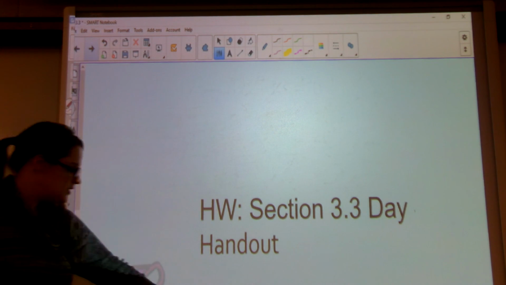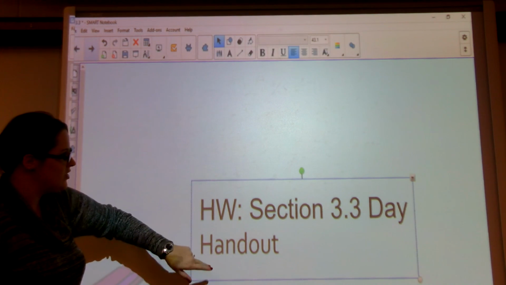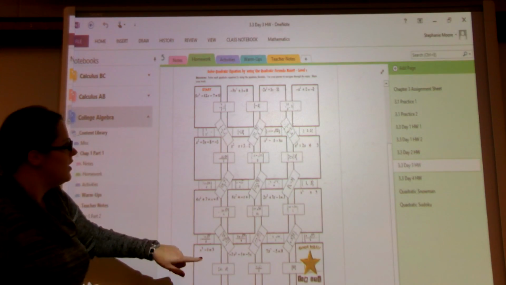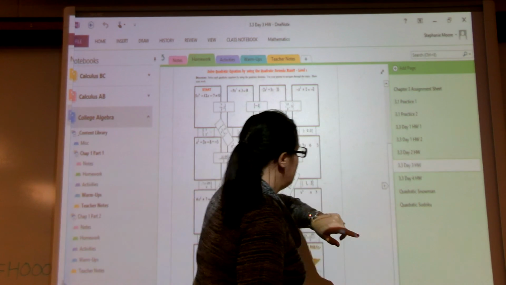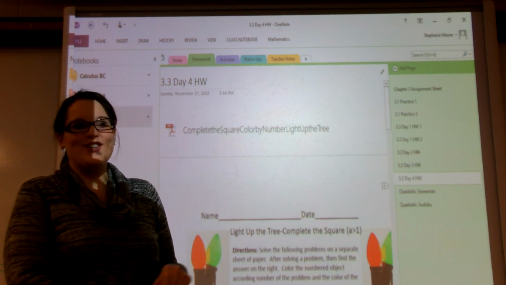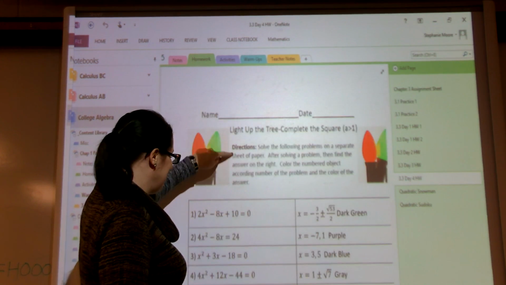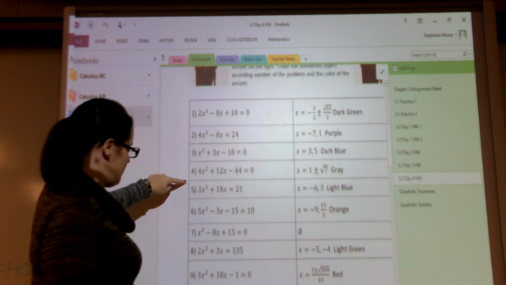Homework, day 4. I don't know why it cuts off every day until I touch it. Okay, so day 4 homework. You get to color Christmas. Christmas coloring. So you have 10 problems.